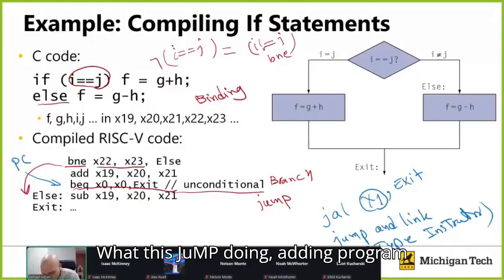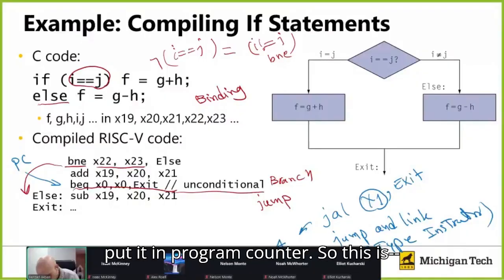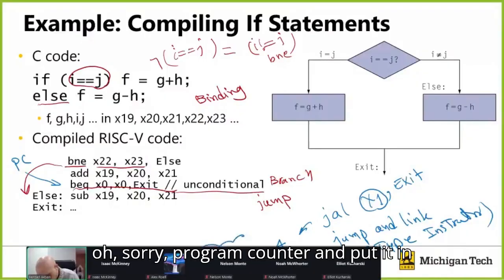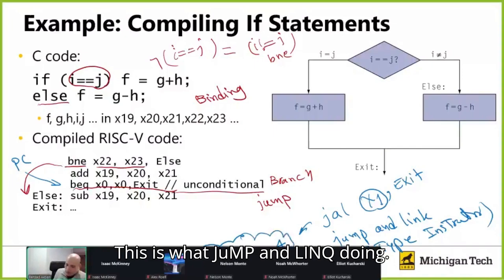What this jump does is add 4 to the program counter, put it in the program counter, and save the program counter in x1. This is what jump and link does.